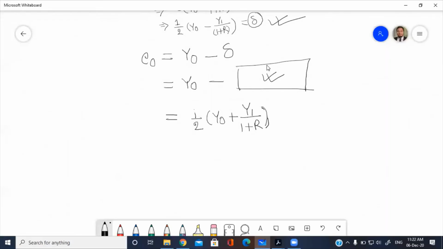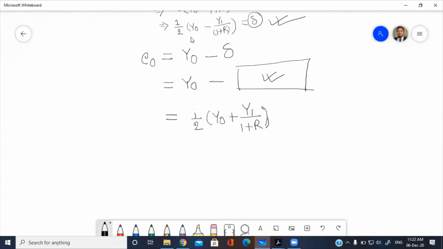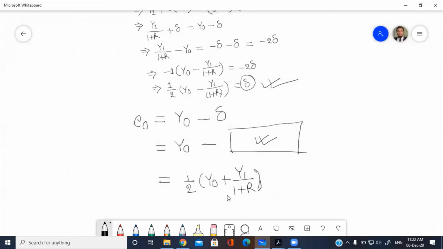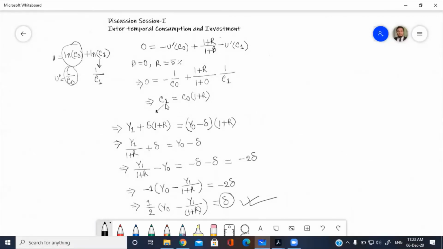You have got the optimal savings in terms of the income which is presented in the information. You have also got the optimal consumption for the current period. But when we have written C1 in terms of C0 into 1 plus R, you can recognize that 1 plus R is available in the question, but C0 is not available in the question.